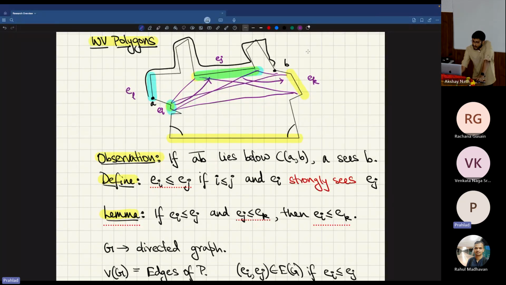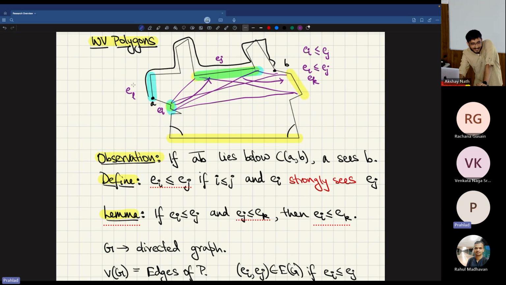But you have the fact that EI is less than or equal to EJ, but EL is less than or equal to EJ. So EI doesn't strongly see EL though, right? So this is exactly why we have the ordered relation and why we have a DAG.